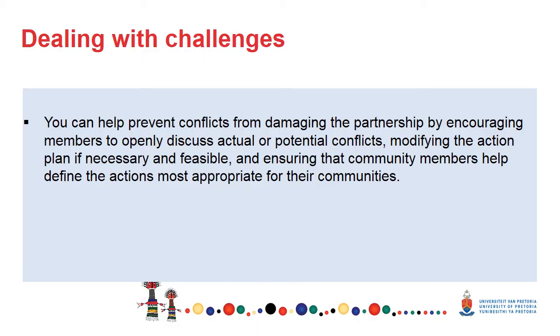You can prevent conflicts from damaging the partnerships by encouraging members to openly discuss actual and potential conflicts, modifying the action plan if necessary and feasible, and ensuring that community members help define the actions most appropriate for their communities.